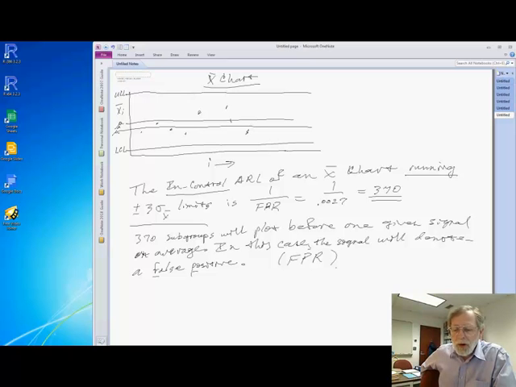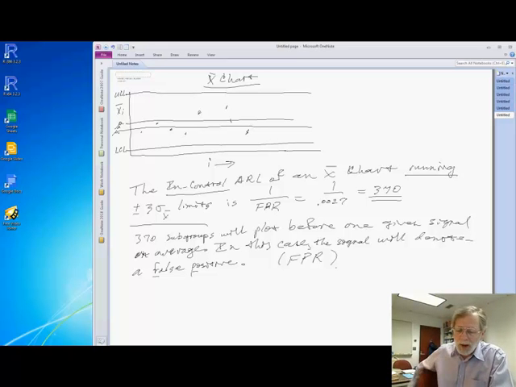You would want the chart to never give you a false positive. But that's not going to happen, because in order for that to happen, you'd have to have control limits set at infinity and negative infinity, making sure that points never plotted outside the control limit band due to just noise. But then the chart would be useless, because it would also never give a signal when in fact the mean did shift.